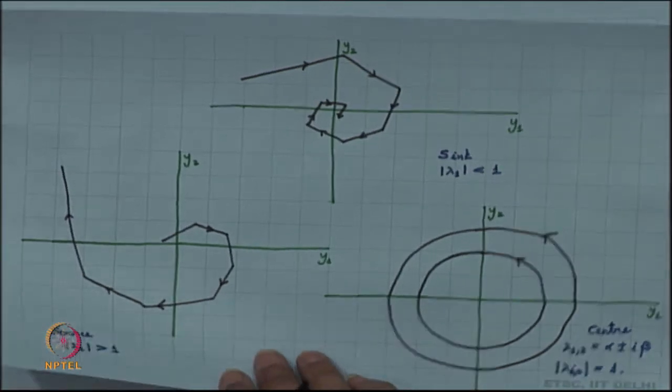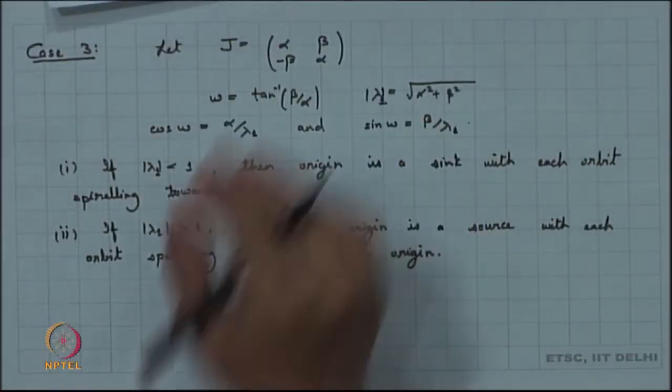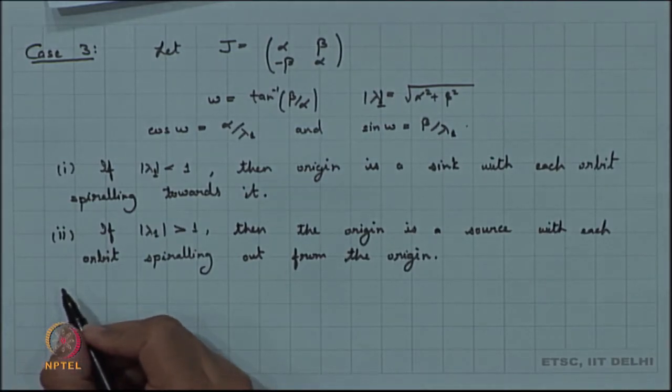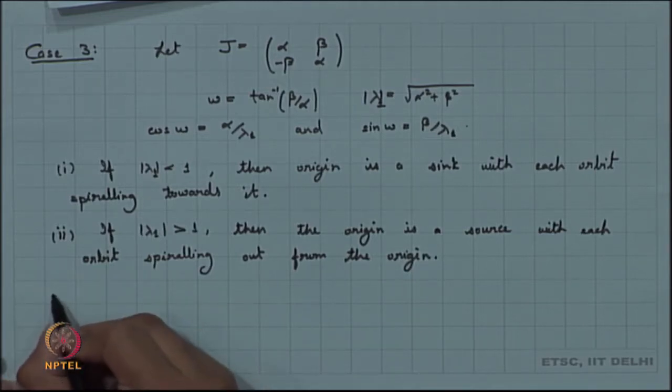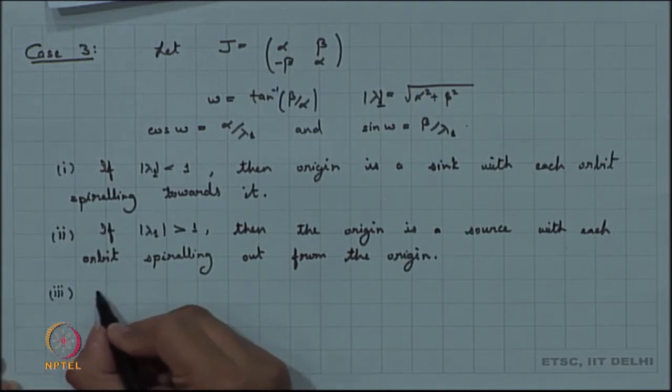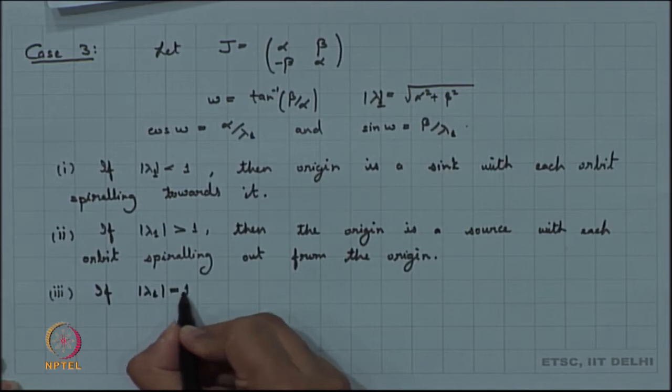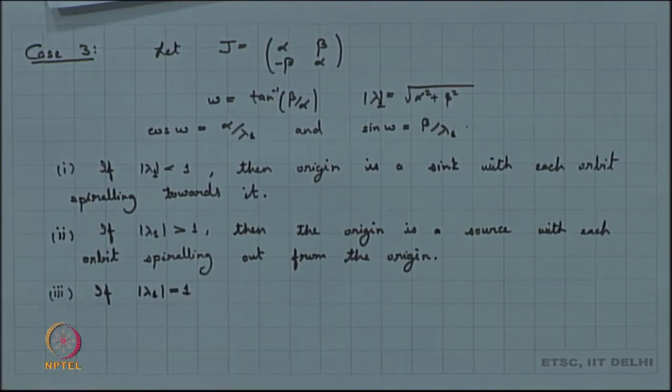Right. And then we have the third case here, because it is quite possible that you may have mod of lambda 1 to be equal to 1. So, our third case here is if mod of lambda 1 is 1, what happens in that particular case?